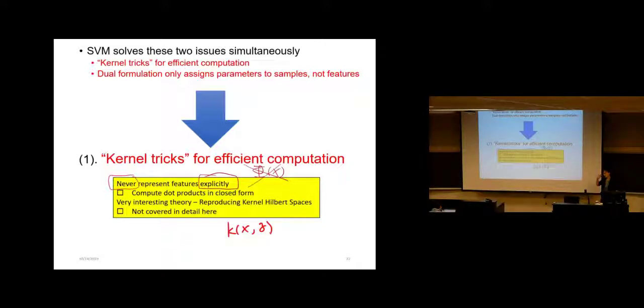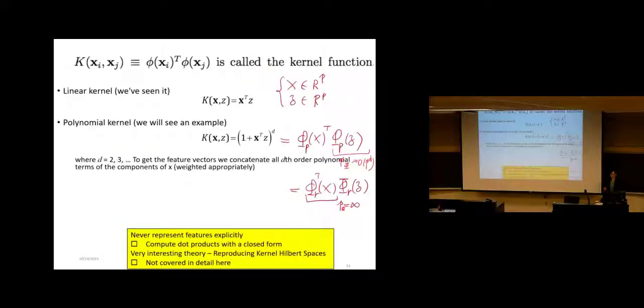There are very good theorems behind something called reproducing kernel Hilbert space, which I'm not going to cover here. Feel free to read why this is good. More concretely, this is the normal kernel we normally use. Instead of defining phi, we directly calculate polynomial kernels like this.